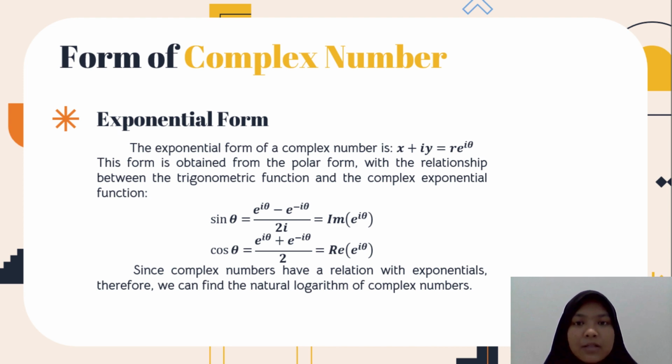And also cosine theta is equal to (e^(i theta) plus e^(-i theta)) over 2, which is the real part of e^(i theta). Since complex numbers have a relation with exponential, we can find the natural logarithm of complex numbers.